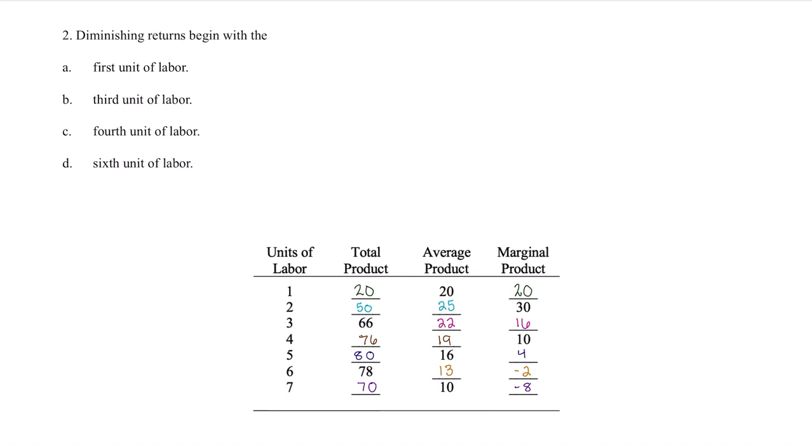Diminishing returns begins with, to look at our diminishing returns, we're looking at marginal product. And we want to see when it stops increasing. So we're going to look at this column.